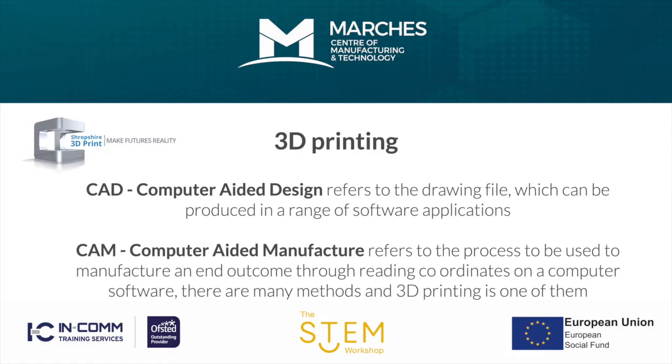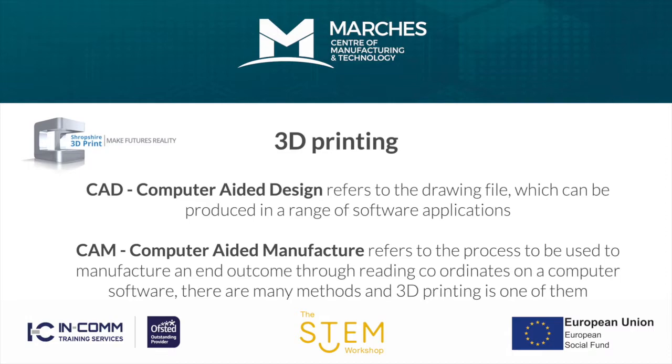Terms that you should already be familiar with are CAD and CAM, and we're going to talk about how this relates to 3D printing. CAD stands for computer aided design, and that refers to the drawing file which you can create in a range of software applications.